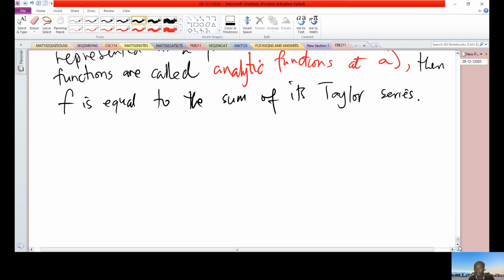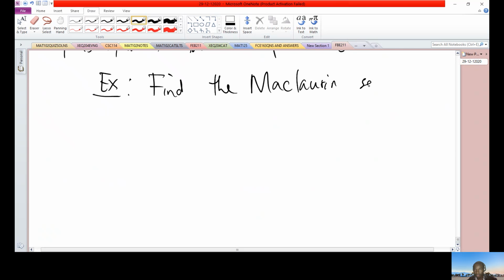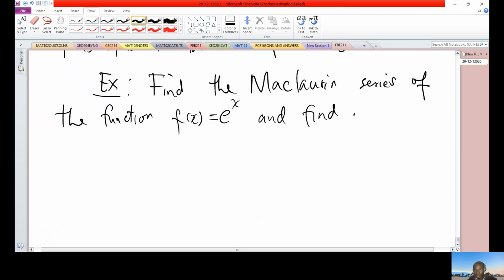So, a quick example. Find the Maclaurin series of the function f of x equals e raised to the power x, and find its radius of convergence.